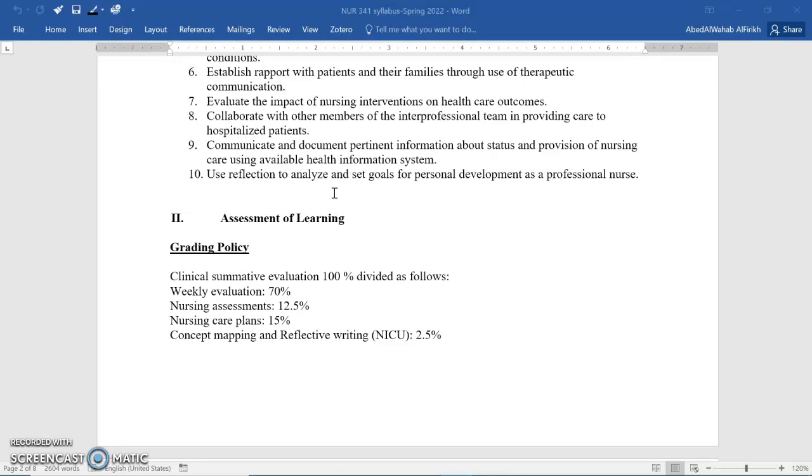We are using the same system, which is U, SA, SU, and I. Hopefully you will do your best and reach your maximum potential and all get the best grade possible.